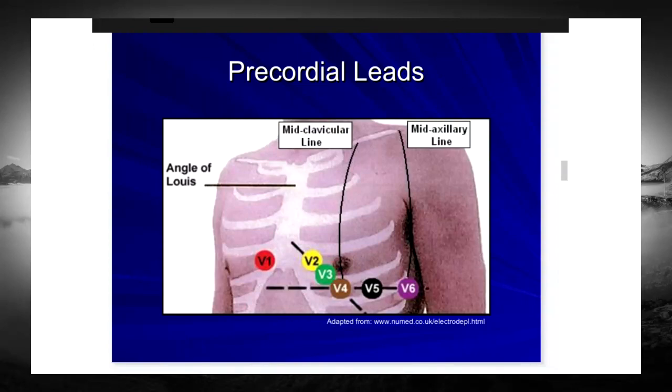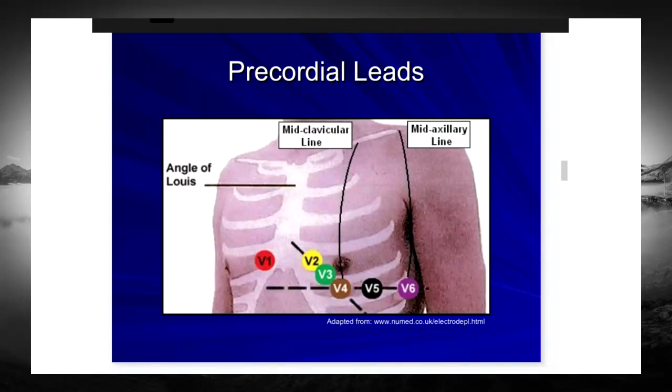For V2 and V3, from the angle of Louis, you'll go over. That will be your second rib space, then third, fourth, and on the edge of each of those you'll put V1 on the right side, V2 on the left. You'll go down to the midclavicular line below the nipple and put V4. Directly in between V2 and V4 is where you'll place V3.